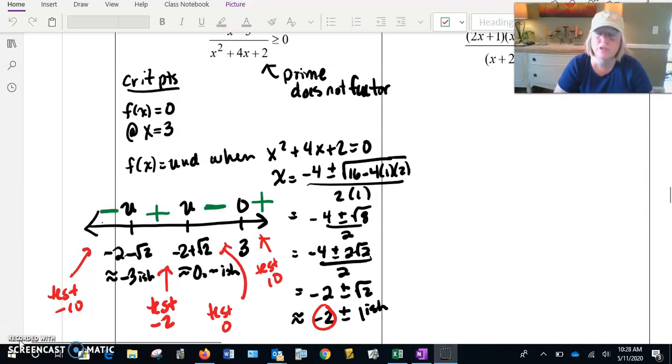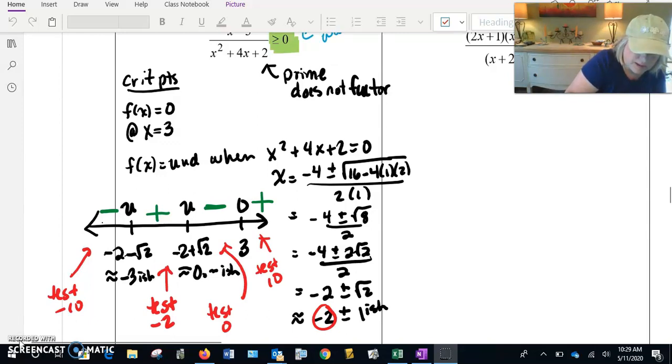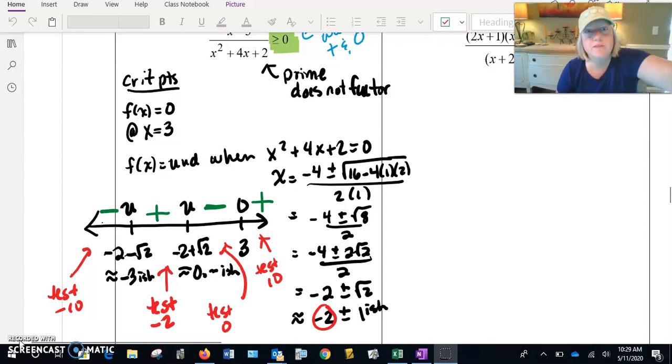All right, you should have gotten your alternating signs, minus plus on that. So let's answer the question. They ask us in this problem for greater than or equal to, so I'm going to highlight that and make a note. That means I want the positive and the 0 from the sign chart.